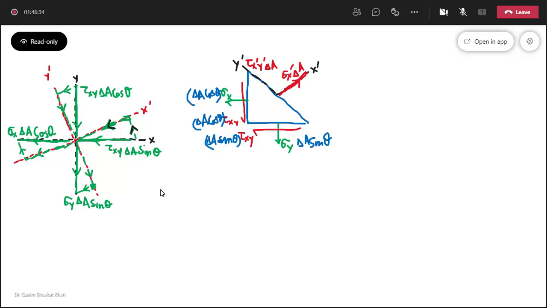So when I will represent this, it is basically here. This is your sigma x dash into delta A and along this it will be tau.